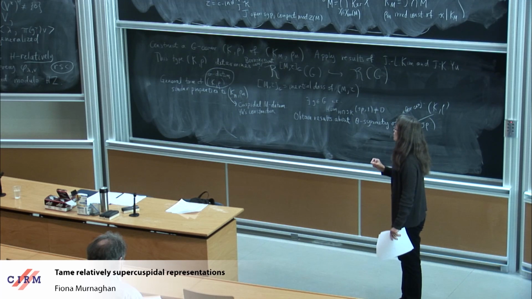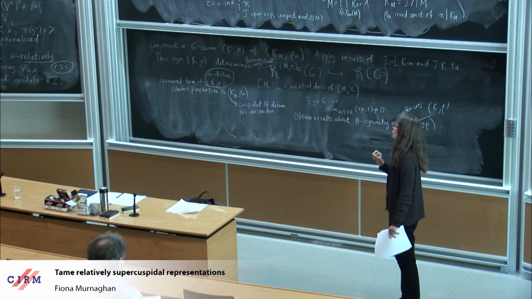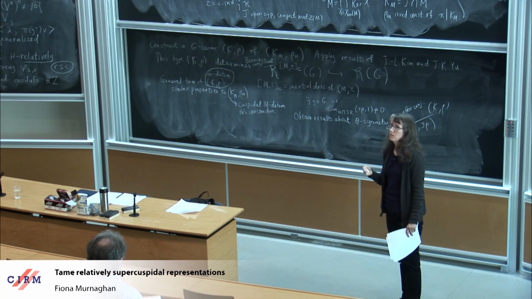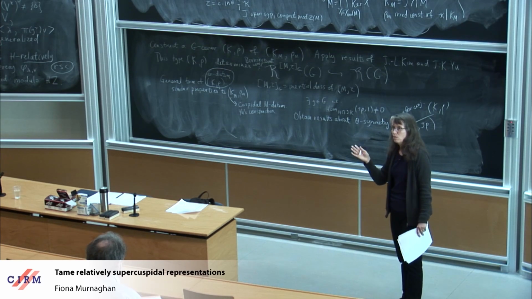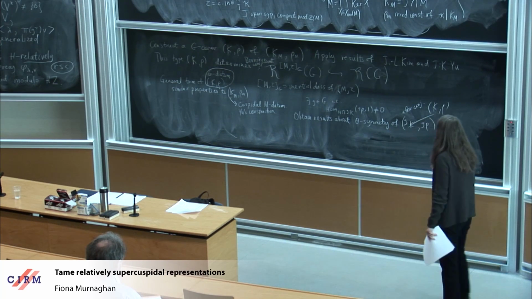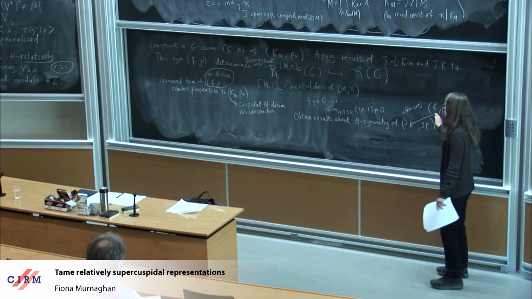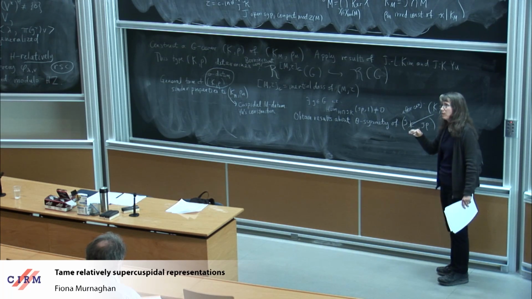In the supercuspidal case, when we do these symmetry results, we can always reduce to a cuspidal representation over the finite field because we have some sort of maximal parahoric involved. But here, we only get to something that's depth zero.